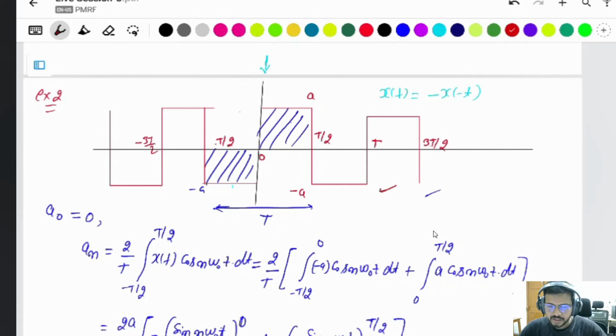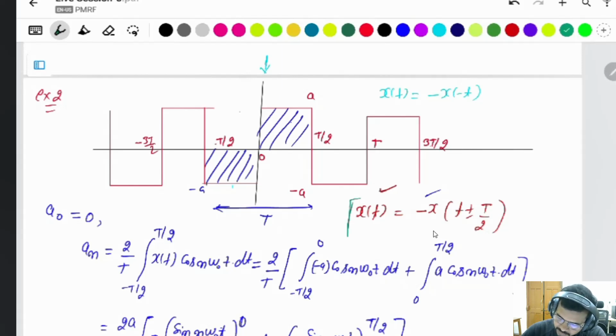A symmetric signal is defined as: if the signal x(t) is equal to minus x(t plus or minus T by 2), it is the same. How can we check this? Simply take any one block.